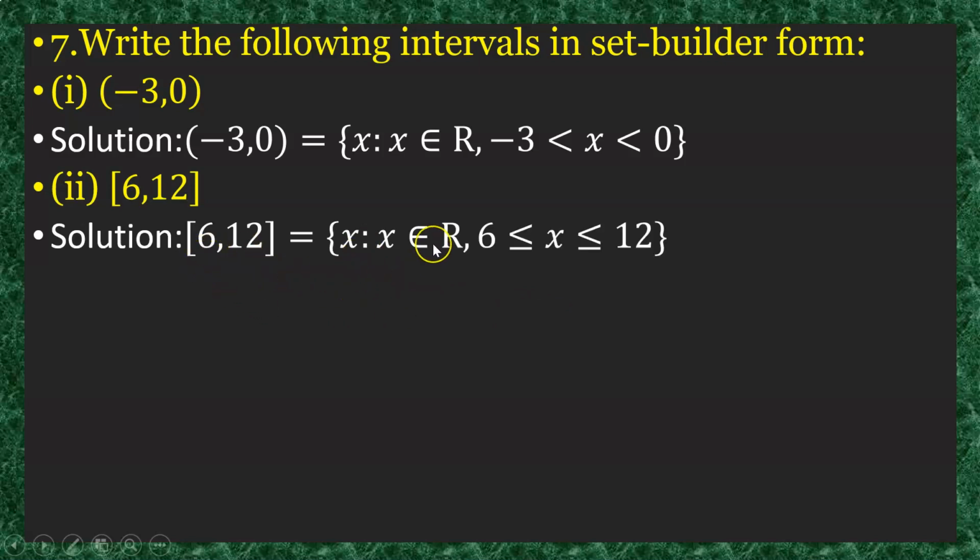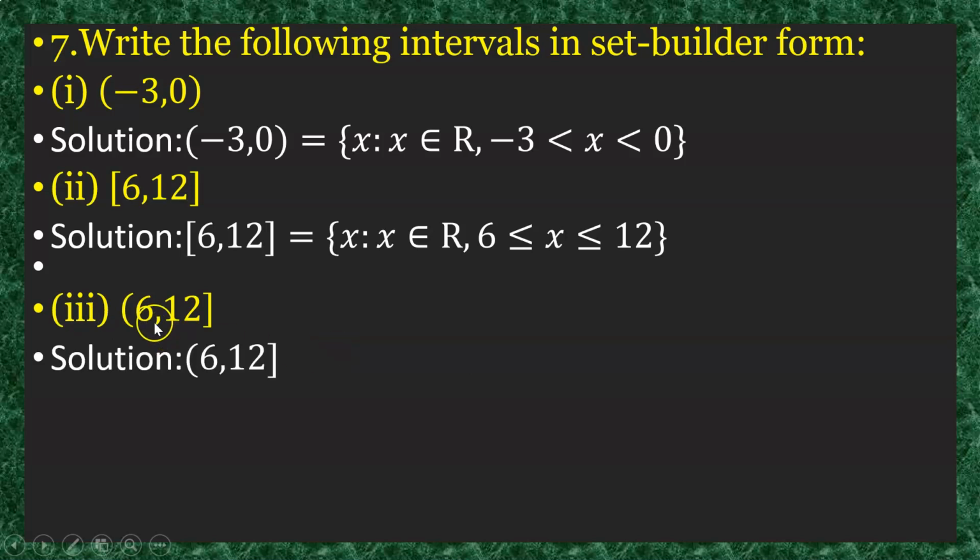X is such that x belongs to the set of real numbers and x lies between 6 and 12, equal to 6 and equal to 12 also. Next, 6 and 12, that is, 6 is open and 12 is closed.